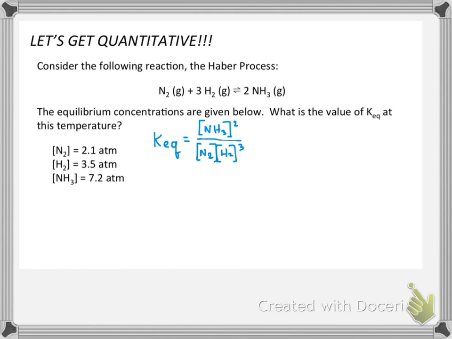And to figure out what that value is, we can plug in equilibrium concentrations, and that's what we happen to have here. These are the concentrations that they measure when it seems like the reaction's not changing, or once the forward rate becomes equal to the reverse rate. So we can go ahead and plug in those numbers.